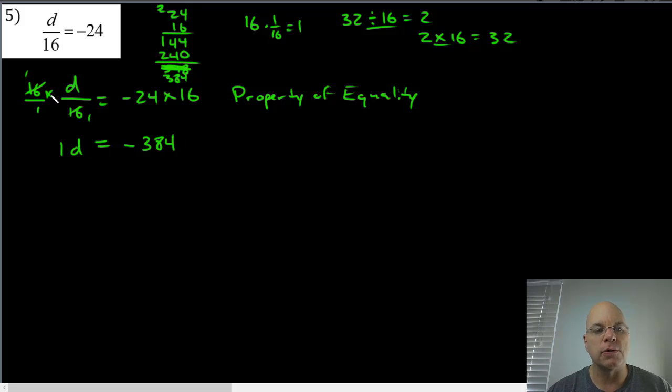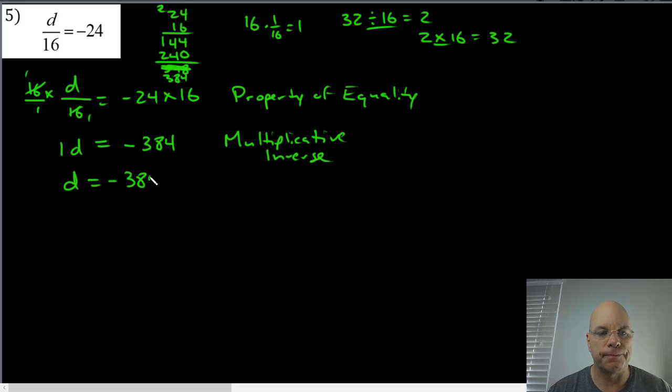But the property that we're using here, the reason we multiplied both sides by 16, is to take advantage of the multiplicative inverse. Anytime you use multiplication to undo division or division to undo multiplication, you're multiplying reciprocals, and that's the multiplicative inverse. 1d is d, so d equals negative 384.